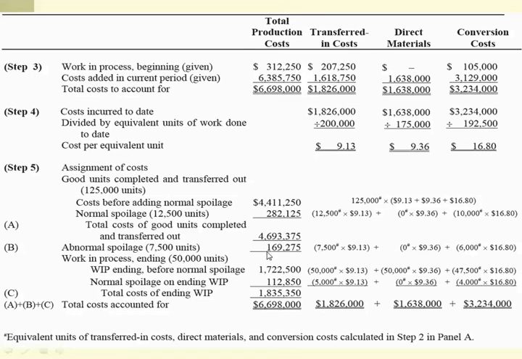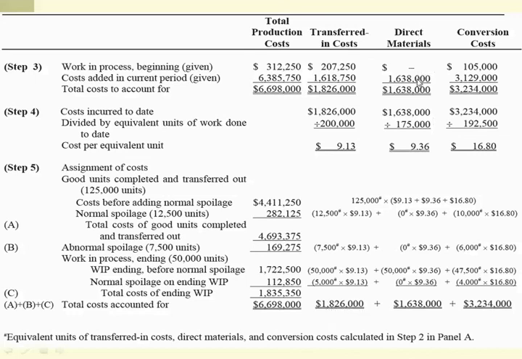So total costs accounted for, A plus B plus C, equals 4,693,375 plus 169,275 plus 1,835,350 equals 6,698,000, which equals total costs to account for, 6,698,000. Total transferred in costs equals 1,826,000.